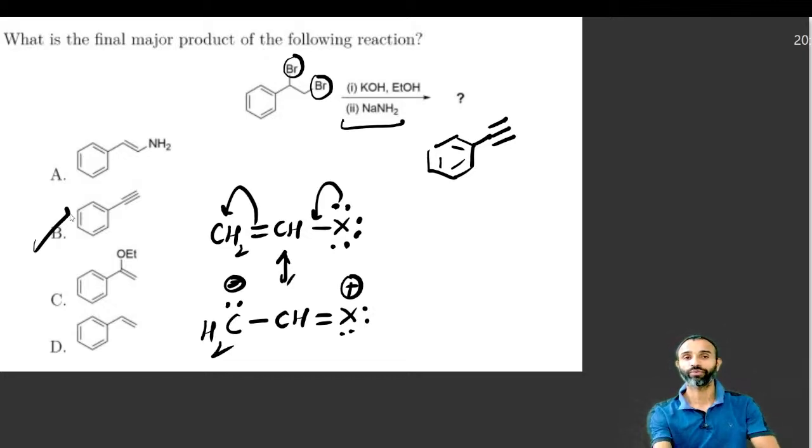It is a strong base. It will abstract hydrogen. So in this way we get this product, first HBr and then second HBr.